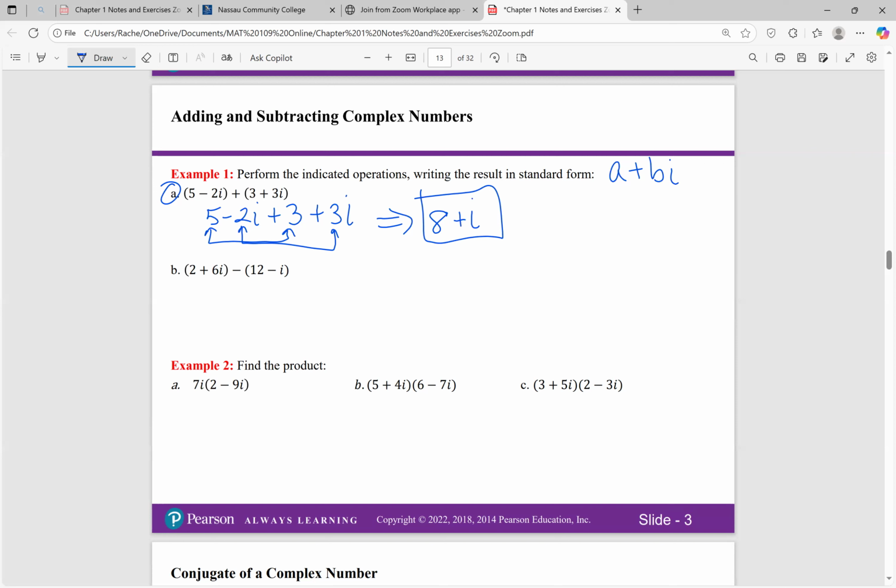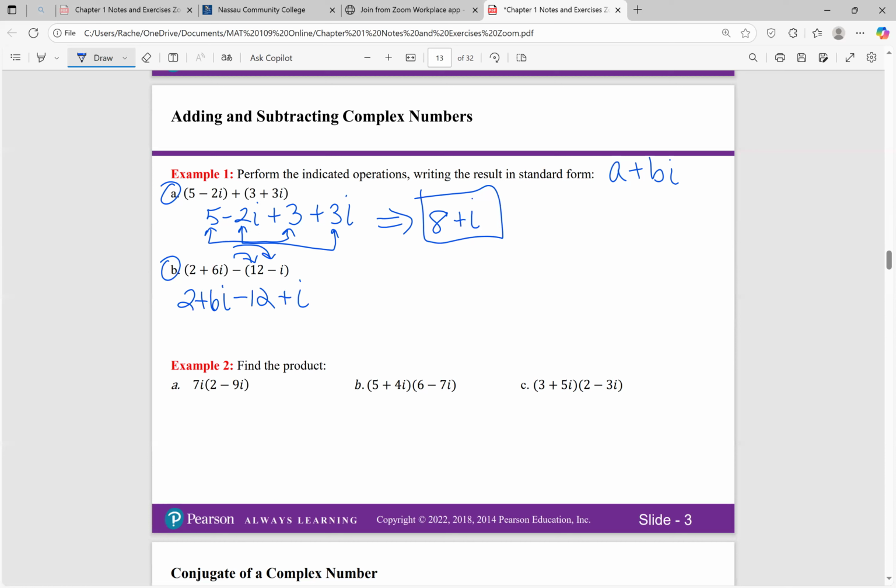Very similar when we subtract, but like I said, don't forget we have to distribute that negative. So in B, if I want to take 2 plus 6i and subtract 12 minus i, we're going to have 2 plus 6i. Now distribute the negative, so minus 12, and then we have a negative i, so that's going to be plus i.